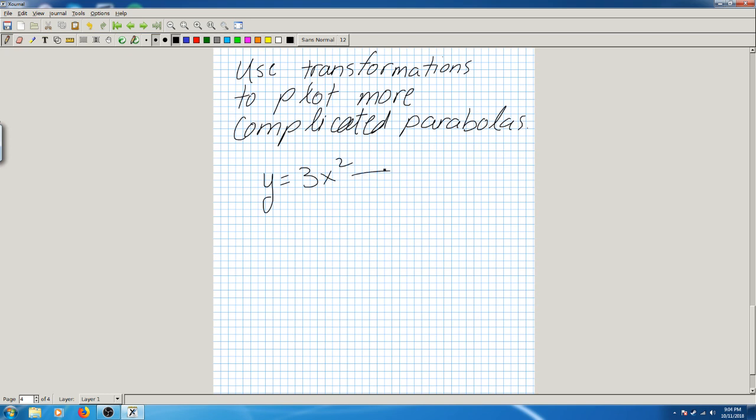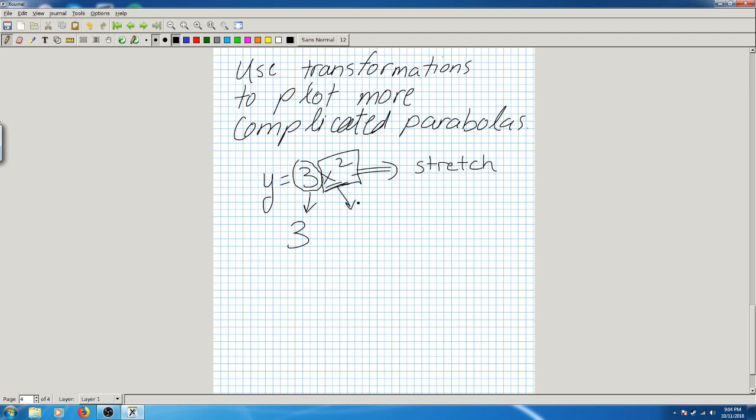Well, this guy is actually what we'd call a stretch. That's because the value in front of the x squared is a 3. It means I take x squared from my base curve.